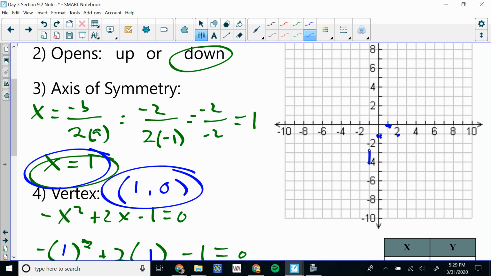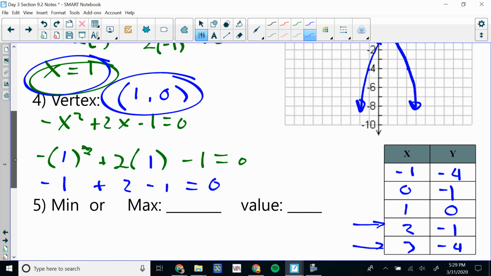Oops, 3, -4. And 2, -4. Nope, 3, -4. Sorry, 3, -4. I'm having trouble here. And it's going to open down, which is what we said earlier. Kind of like that. All right.